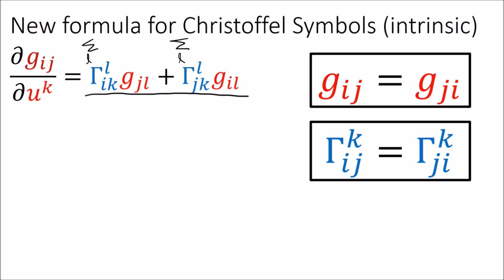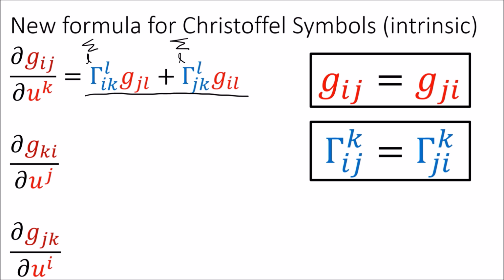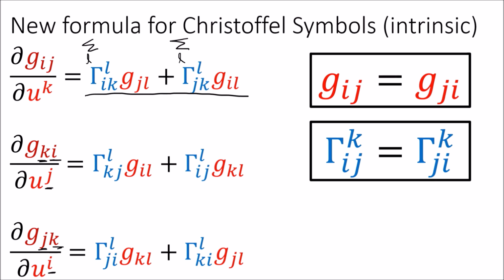Now I'm actually going to write out this same formula twice more, but with different indexes. So here I have the derivative of ki with respect to j, and here I have the derivative of jk with respect to i. And those would give us similar formulas, just with the ijk indexes shuffled around a bit.